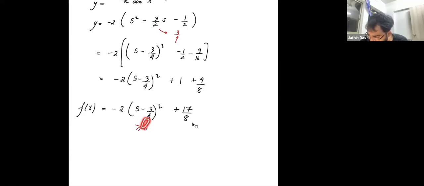So if this is 0, this is 17 by 8. Then as it increases the value, 17 by 8 से कम होते जा रहा है. Once you start increasing this value from here, what is happening to that value 17 by 8? क्या हो रहा है? It's decreasing.